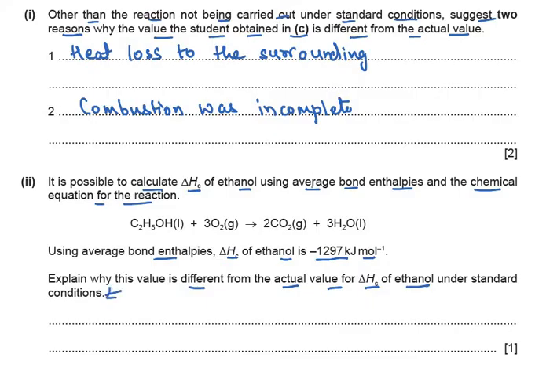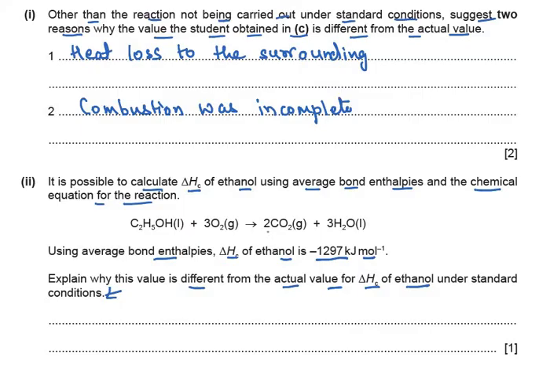We have seen that under standard conditions the value was something around 1300, and here with the bond enthalpies it is minus 1297. So why is there a difference between the enthalpy of combustion calculated with the help of average bond energies and with the help of the Hess cycle, that is, the combustion values?